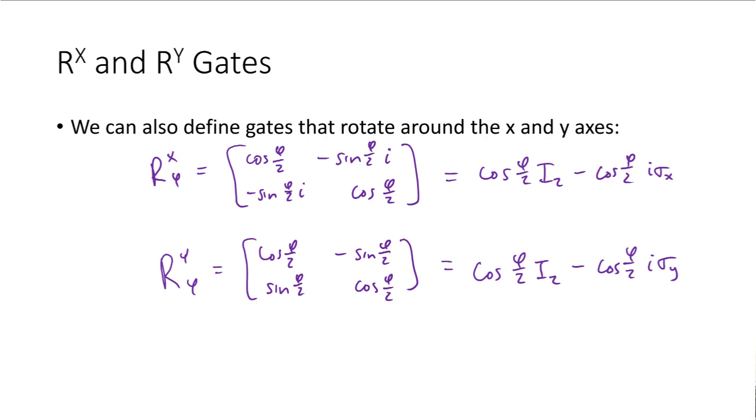That's going to look like cosine phi over 2, minus sine phi over 2 i, minus sine phi over 2 i, cosine phi over 2. And you can do the same thing for y. So R y phi equals cosine phi over 2, minus sine phi over 2, sine phi over 2, cosine phi over 2.